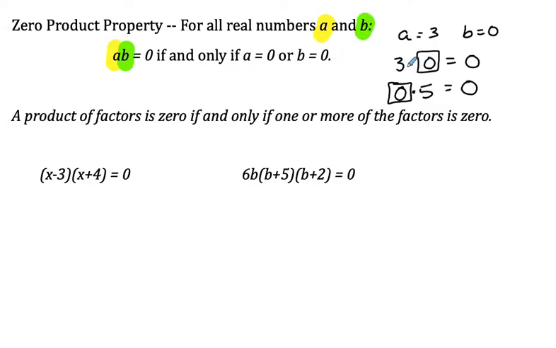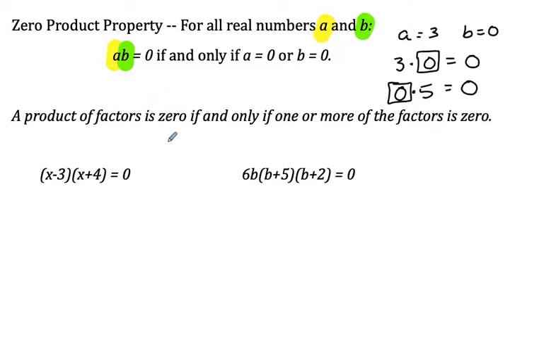They could both be equal to 0, but at least one of them has to be equal to 0 in order for a times b to give me 0. Which means that if I can figure out what value would make a the same as 0 and what value would make b the same as 0, I know that those are possible solutions. Those are possible values for which a times b would give me 0.